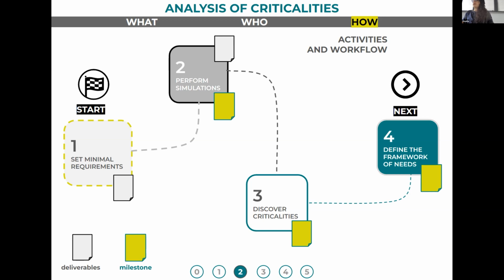The third activity refers to the discovering of criticalities, and the phase finishes with the definition of the framework of needs. We will see for each activity which will be the deliverable and the milestones.